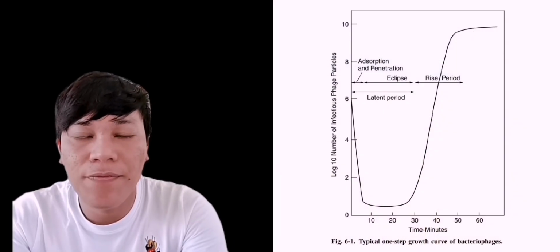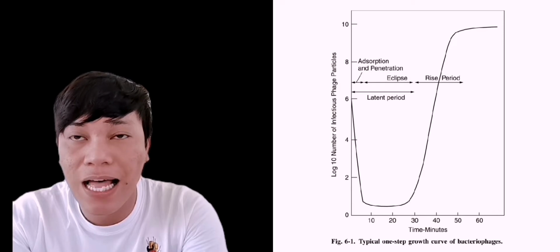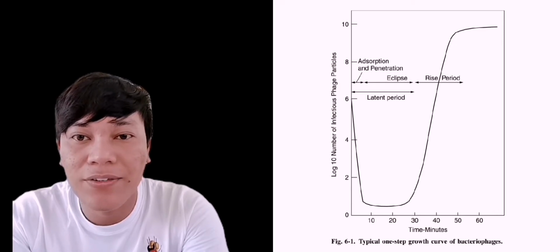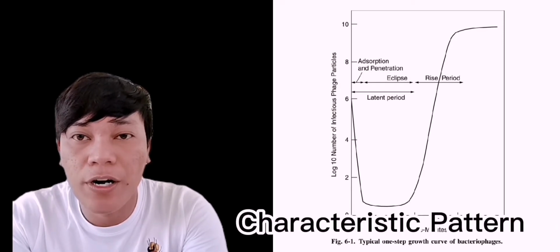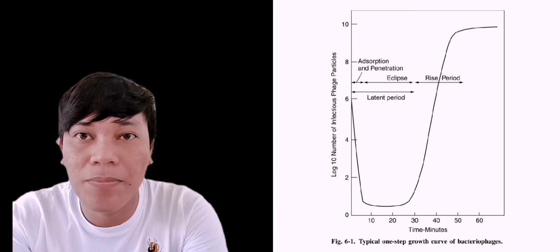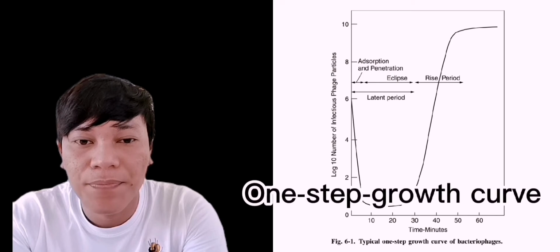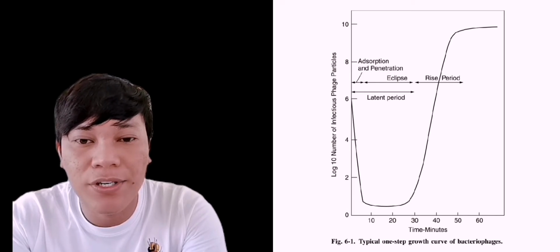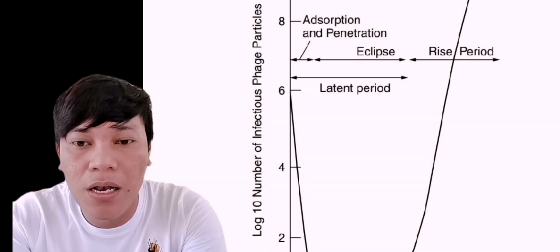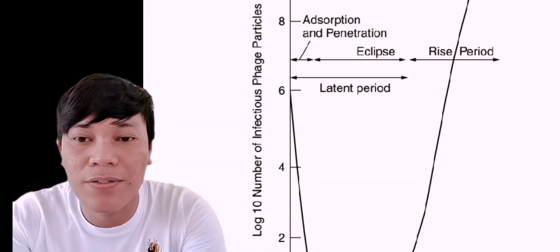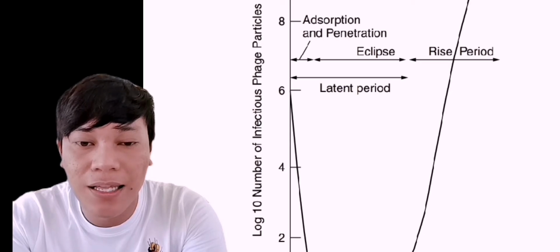Bacteriophage infections of bacteria follow a characteristic pattern. The growth curve of bacteriophages, sometimes referred to as the one-step growth curve, is depicted in Figure 6.1. Once a population of bacterial cells has been inoculated with a given number of bacteriophages, the number of detectable infectious particles rapidly decreases.